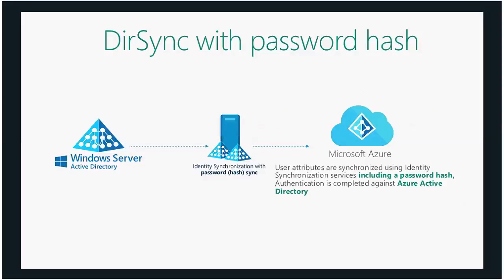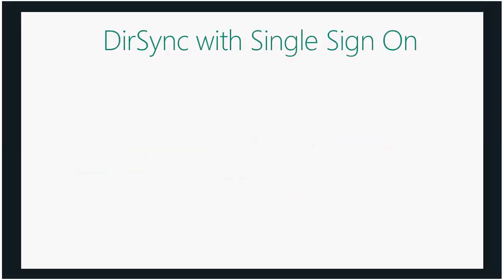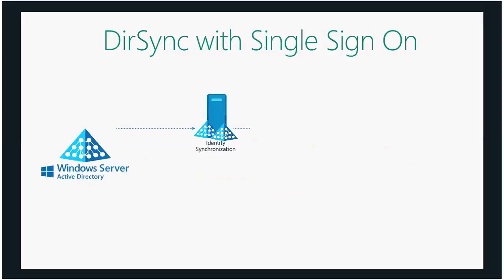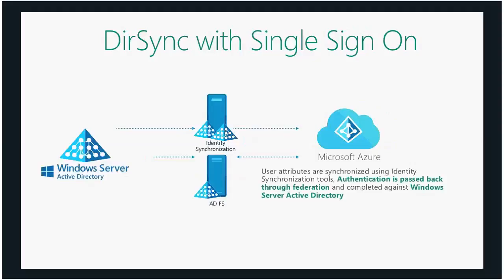But it's really important: the decision of authentication is made by Azure Active Directory. And when we talk about federated identity or single sign-on, this is totally different, because when I am trying to log into Exchange Online or to SharePoint or to any Office 365 service, my request is redirected to Azure Active Directory.